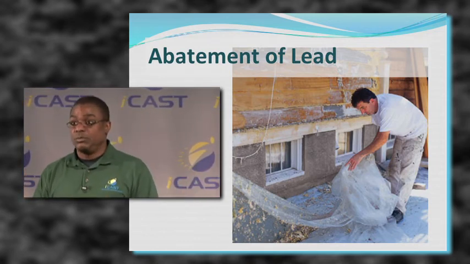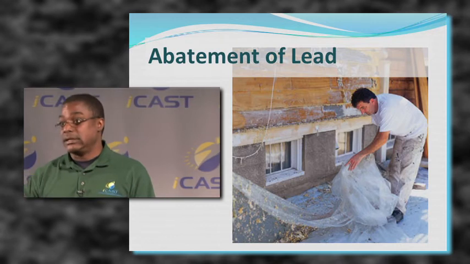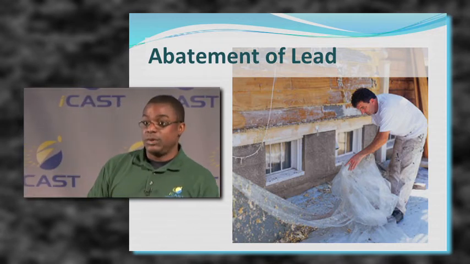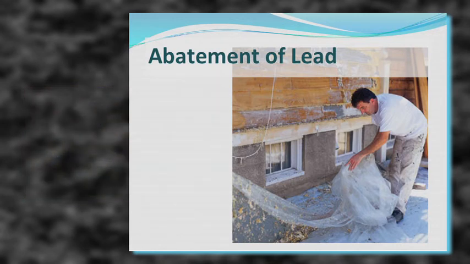If you're not going to disturb the paint, then putting a mark on the paint doesn't matter. Why do we care as energy efficiency experts, as energy auditors, as building analysts? Why do we care about lead paint? Because some of our recommendations are going to call for the disturbing of the paint.